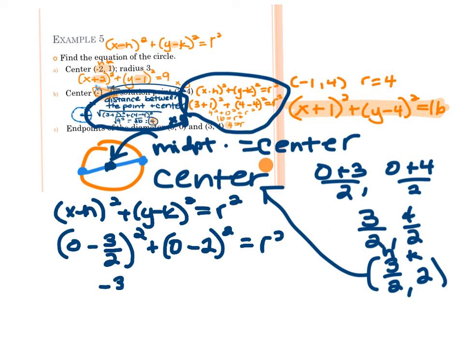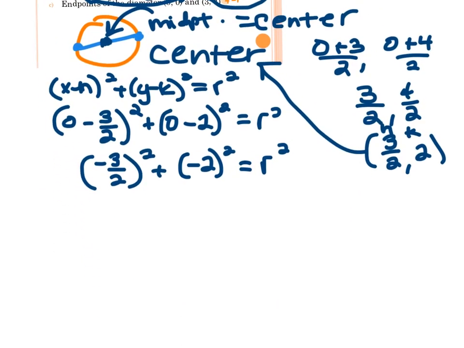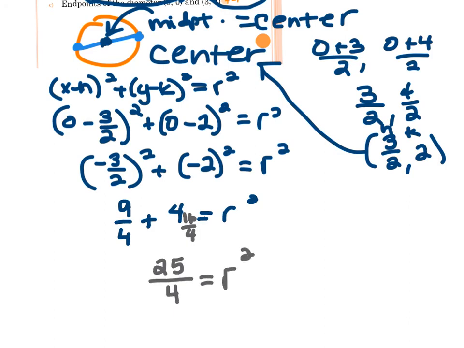So this is -3 halves squared plus -2 squared equals the radius squared. 9/4 plus 4 equals the radius squared. Change these so they have the same denominators. This would be 16 over 4. 25 over 4 equals the radius squared.